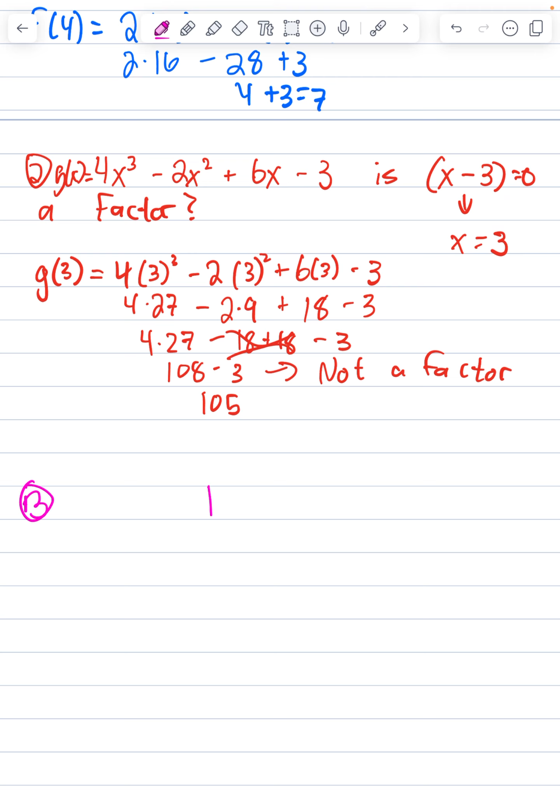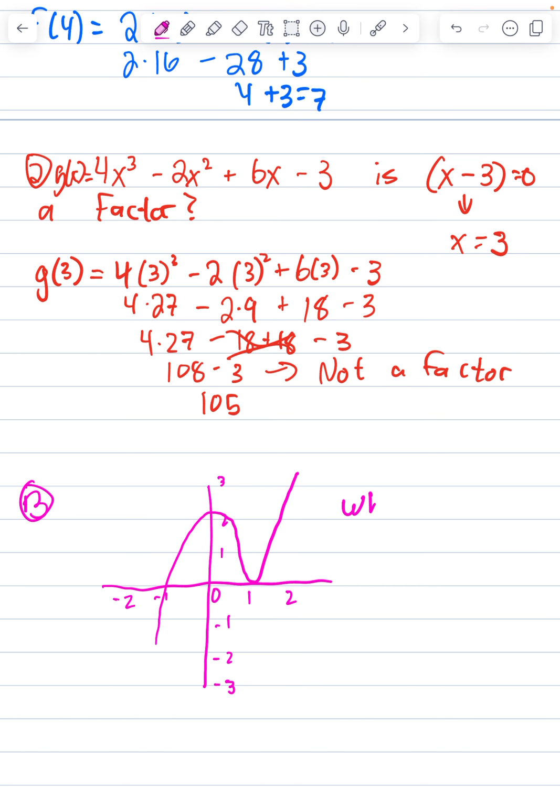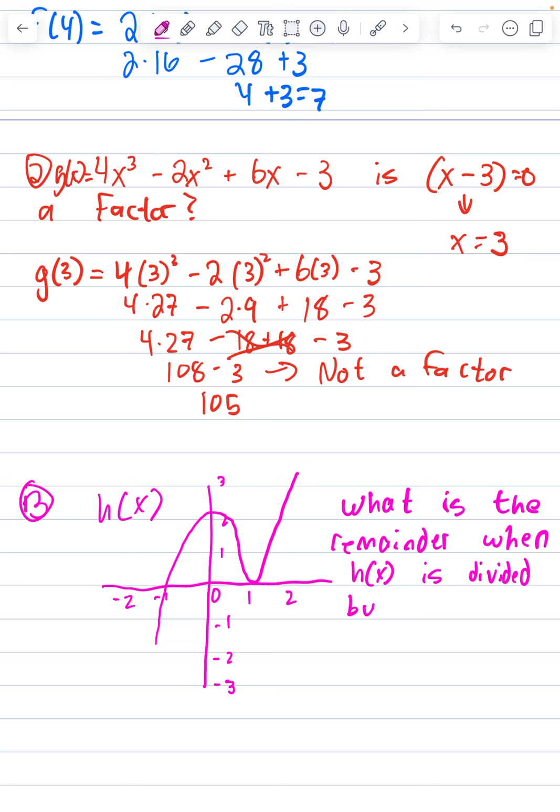Let's say they give you a graph with some function like this, and they ask, what is the remainder when, let's call this h of x, when h of x is divided by x minus 2?